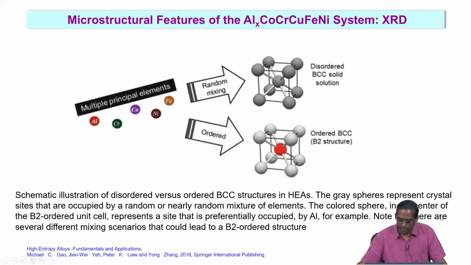The center of the B2 ordered unit cell represents a site that is preferentially occupied by aluminum, for example. Note that there are several different mixing scenarios that could lead to B2 ordered structures. This also you should know. There are different possibilities by which you can form this in this particular alloy.